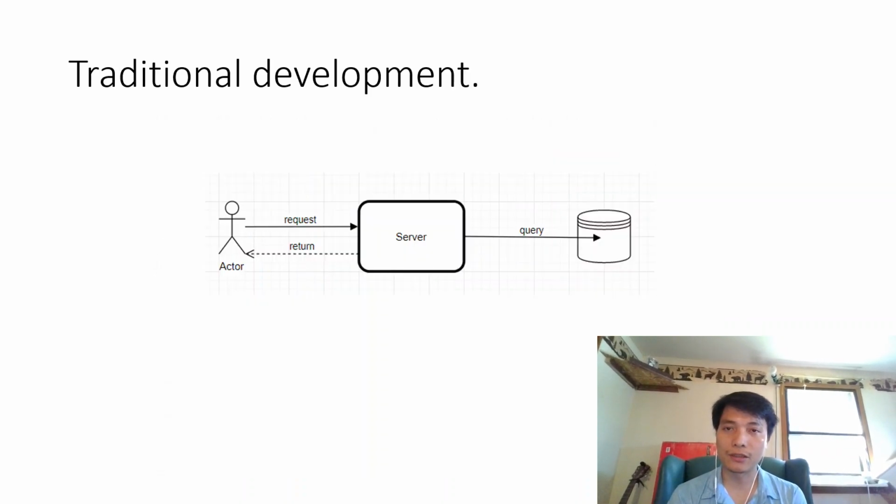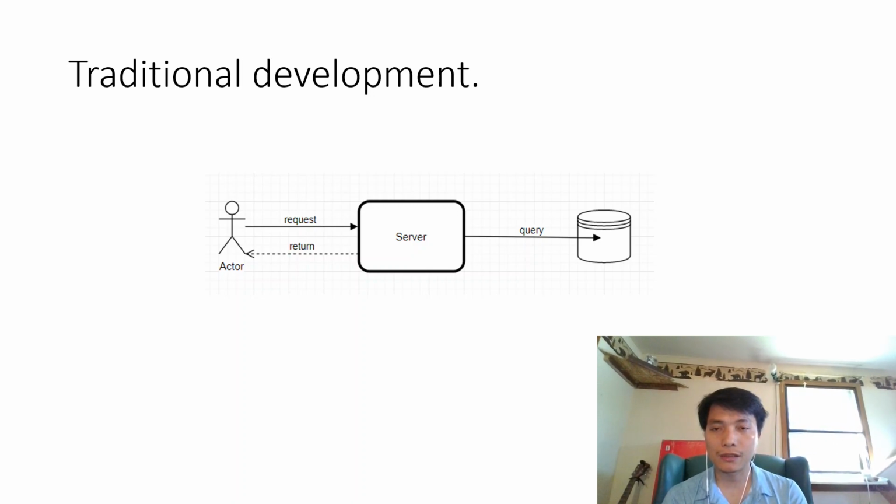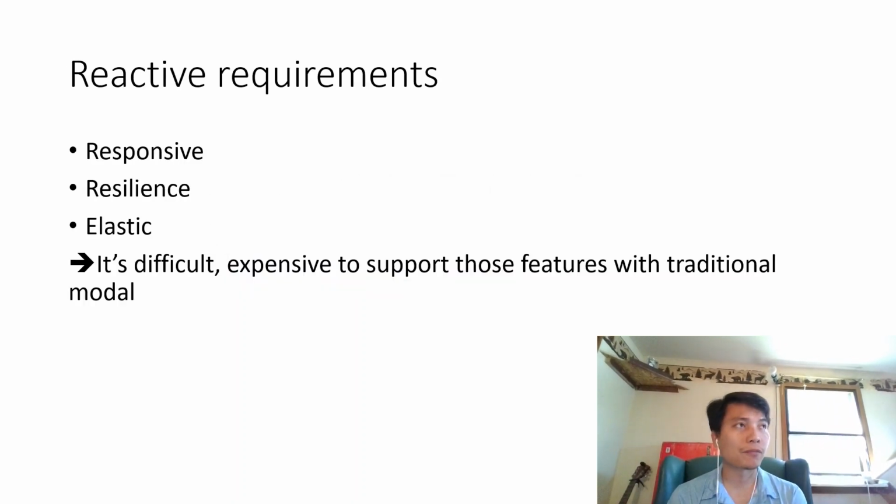And this is traditional development, where we place everything in a single application on a server that processes the request and returns. With this deployment model, we get problems with modern systems that need to handle a big amount of requests.